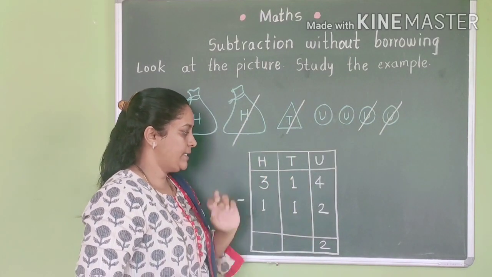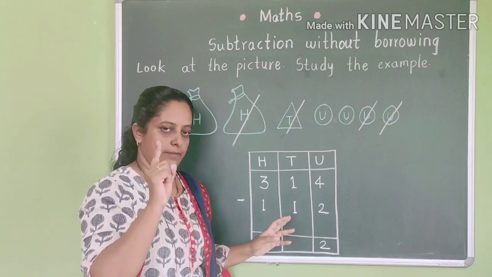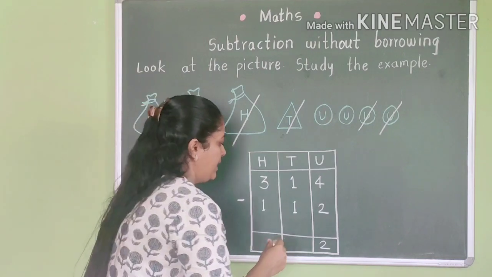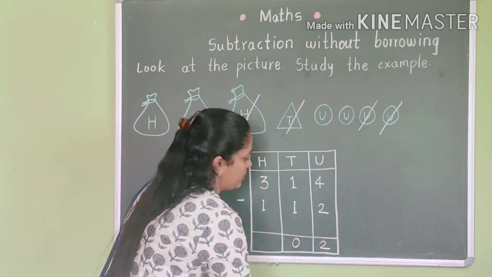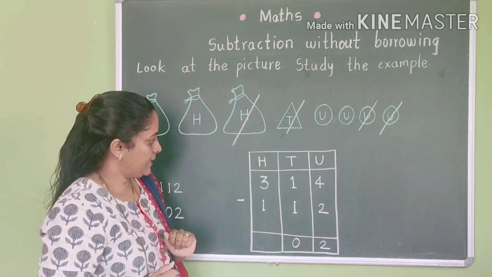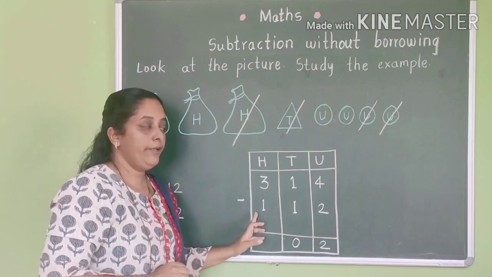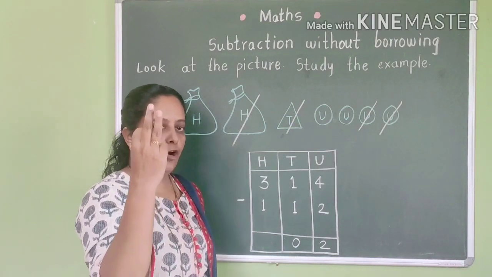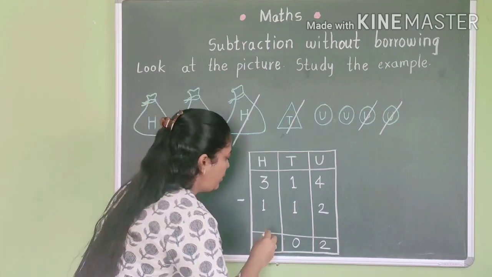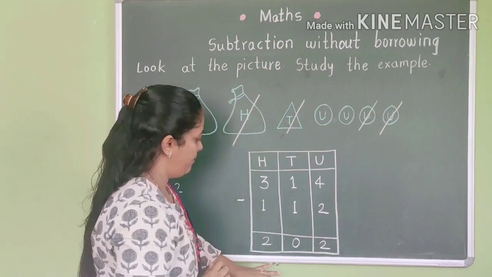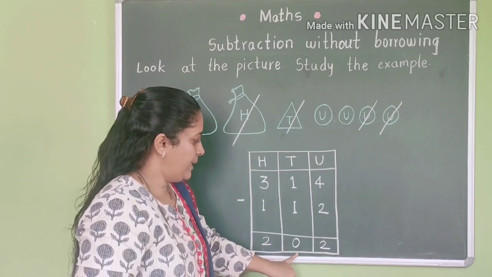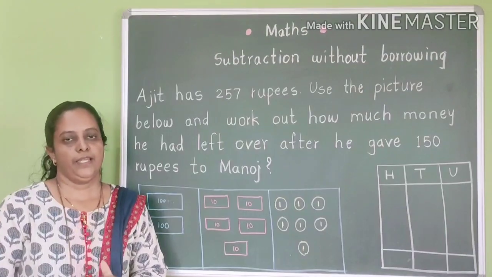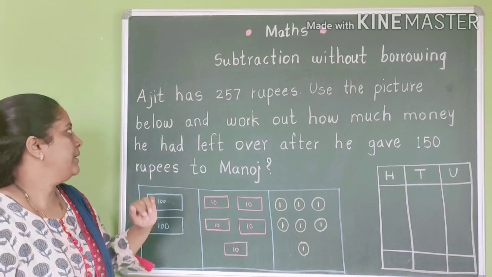From 1 tens we are taking 1 tens, so there's left nothing and nothing means 0. And at hundreds place here are 3 hundreds and we have to subtract 100. So we are taking 1 from 3 and we have left 2 hundreds. And the number we have get here 202. Get it? Good.